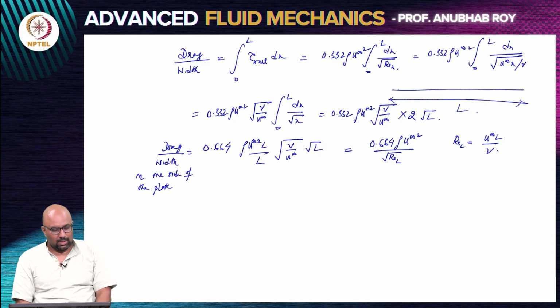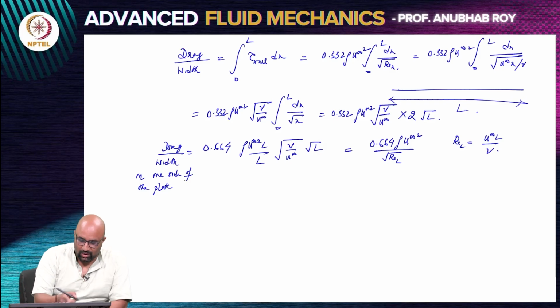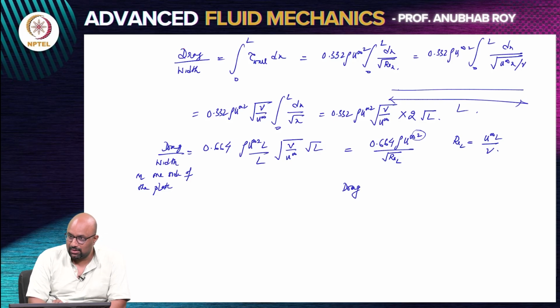Now, a few comments regarding this drag force calculation. What is the dependence on velocity? If I just try to find how drag changes with change in velocity, there is a quadratic power here, but there is also a velocity in the denominator, a half power in Reynolds number.